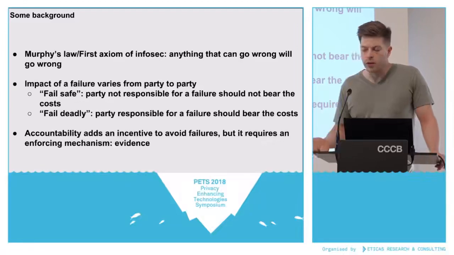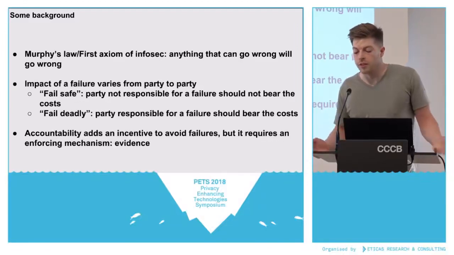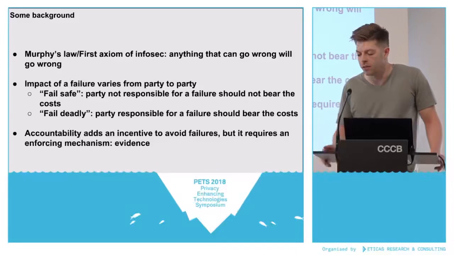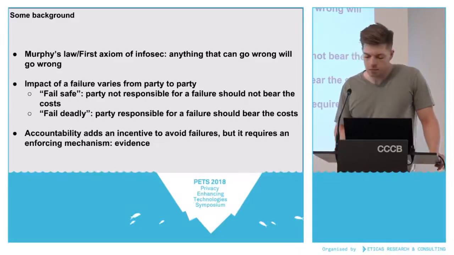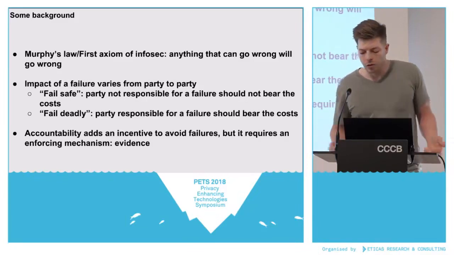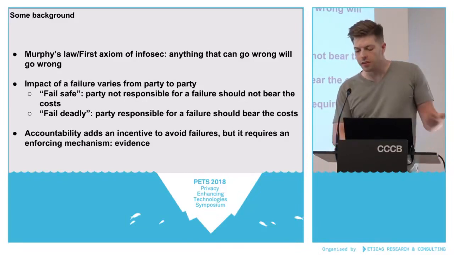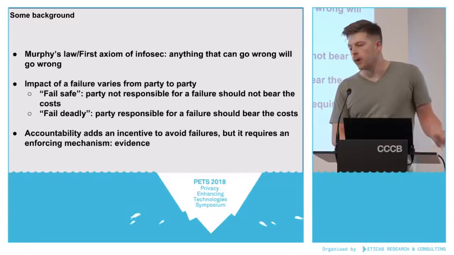On the other hand, the people that did cause it to fail should bear the cost. That disincentivizes them from making things fail or cutting costs with negative effects on other people. And that relates to the notion of accountability, wanting to make sure that people are accountable for what they do and that things run smoothly when they can't just be constrained.